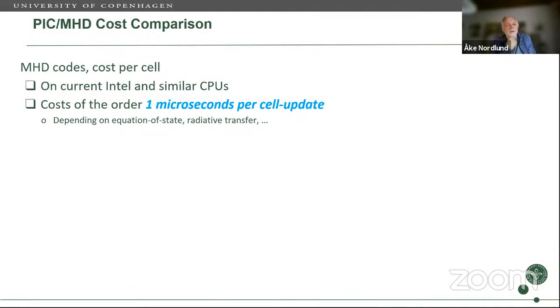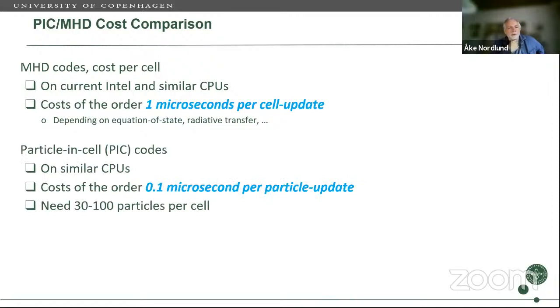What is the cost? Well, as I said before, the cost of grid updates is about 1 microsecond per cell as a round number. And the cost per particle is about 0.1 microsecond per particle update. You need 3,200 particles per cell to represent the Maxwell equations and charges and so on.